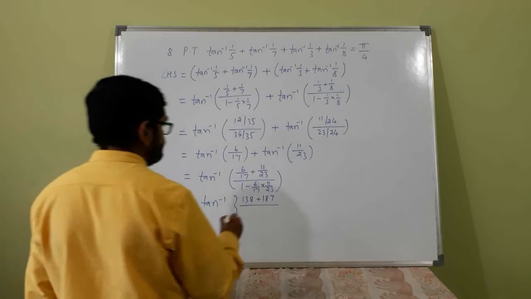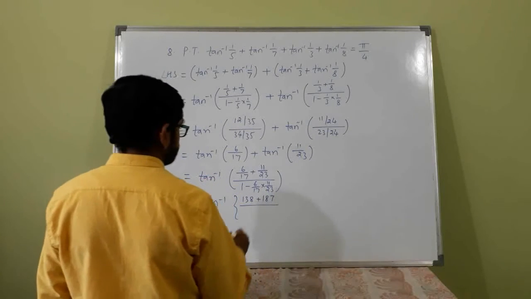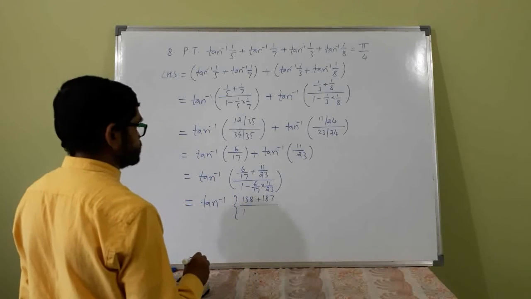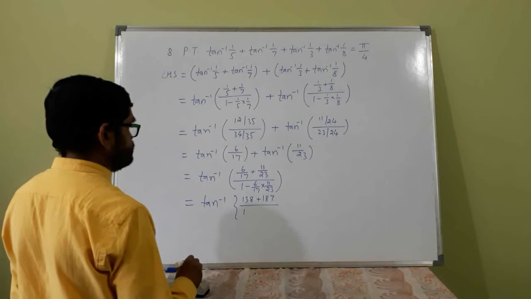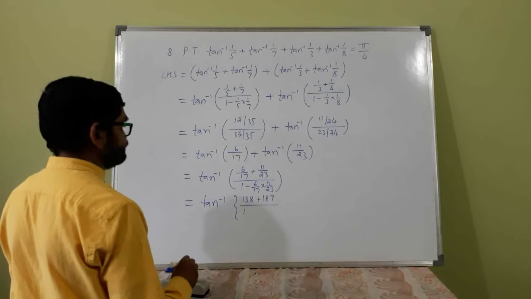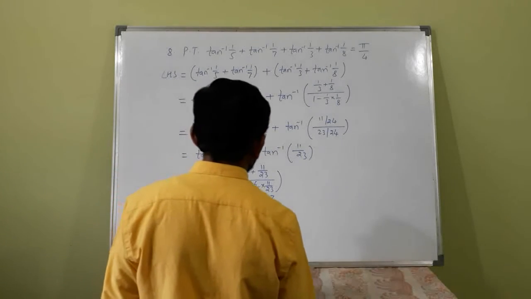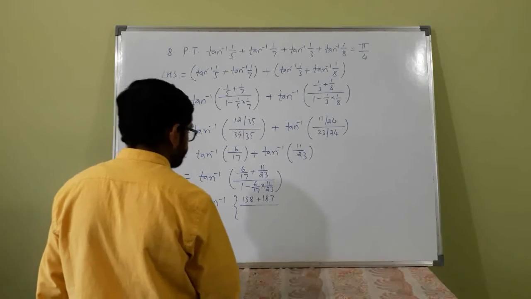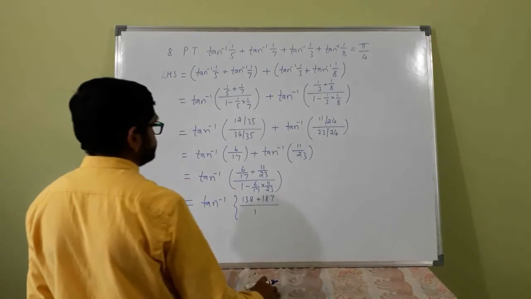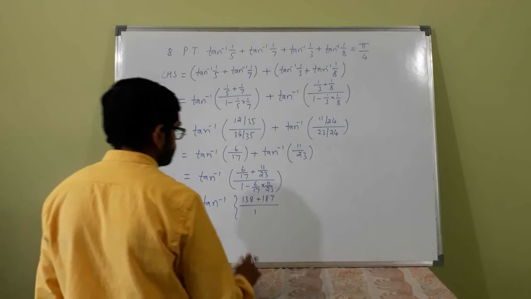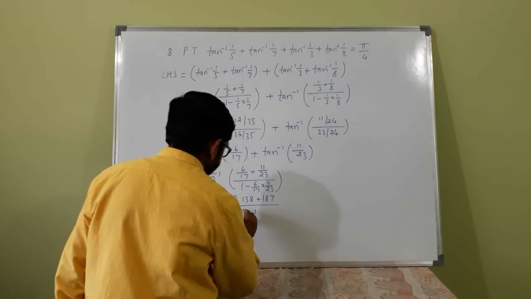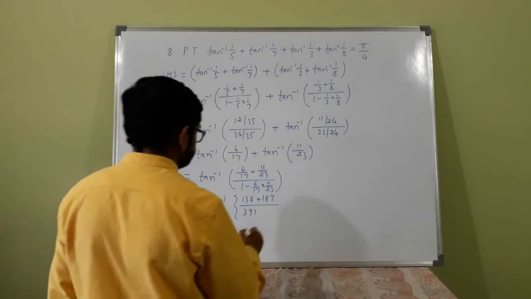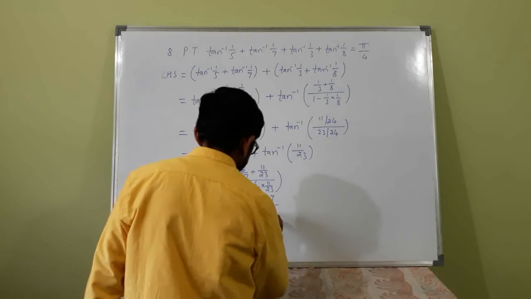Divided by, this is again 187, how much is 23 into 17: 17 3s are 51, 17 2s are 34 plus 5, 391, minus 66.